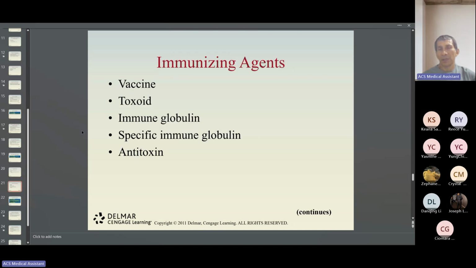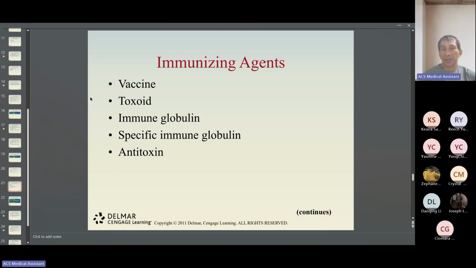So there are many types of immunizing agents or vaccines. So vaccines, toxoids, immunoglobulins, specific immunoglobulin, antitoxin. We're not going to worry about this much. It's just different things. Just remember vaccines and immunoglobulins. These are very important.